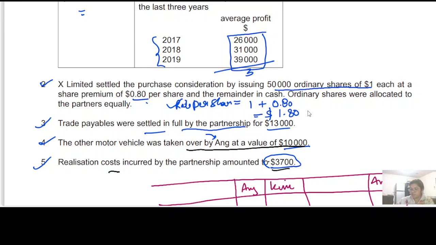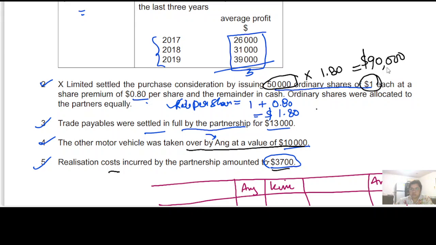First you need to calculate the value. You have 50,000 ordinary shares, and instead of $1 you have $1.80, so just multiply and you'll get 90,000.